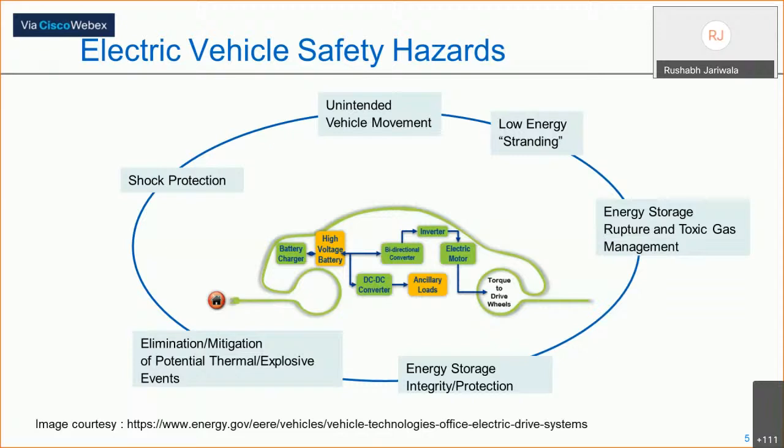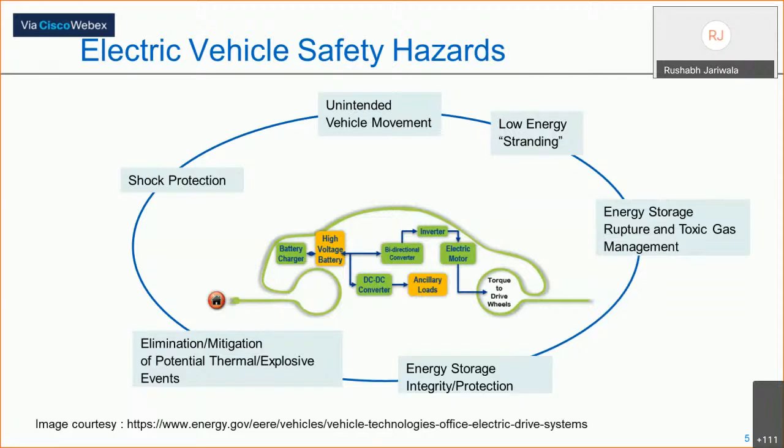So even if it indicates the wrong volume of petrol remaining and one gets stranded on the road, there is an easy way to get out. But with an EV, if the state of charge remaining is shown incorrectly, one can actually be stranded on the road, because charging points are not easily available.